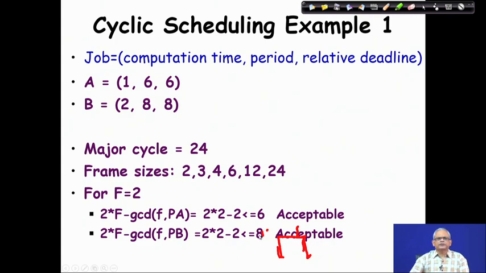So, frame size 2 is okay, and also the number of frames that it can give us is 24 by 2, which is 12. So, 12 frames. To 7 of those frames we can assign an instance of A or B as required, and 5 frames will remain unutilized.